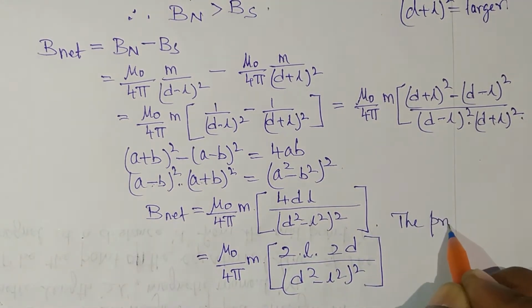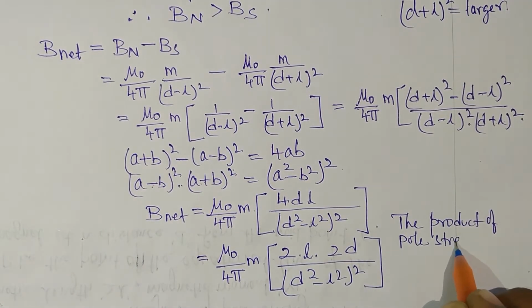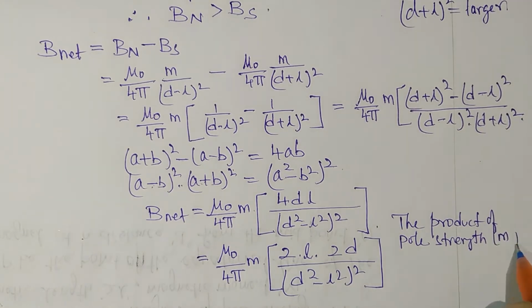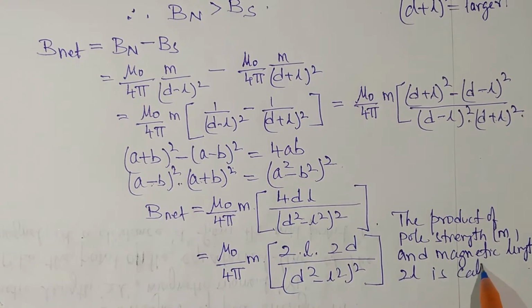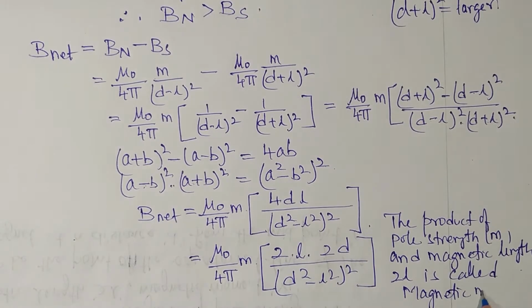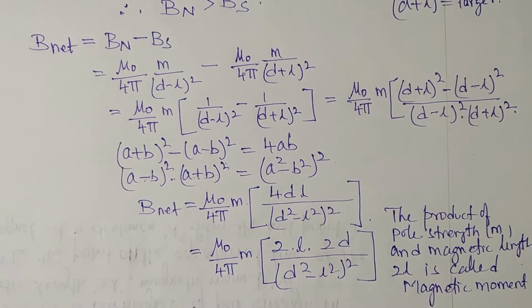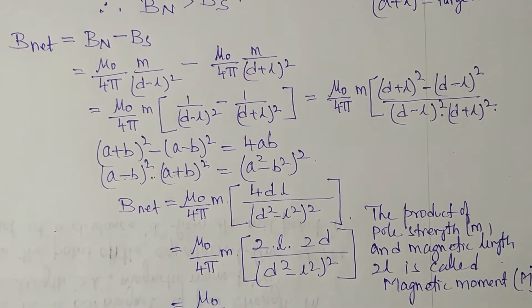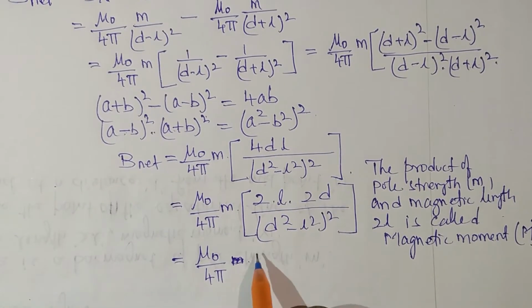The product of pole strength m and magnetic length 2L is called magnetic moment. We denote magnetic moment by the letter capital M. So now it is mu naught by 4 pi m into 2L, I will write it as capital M.